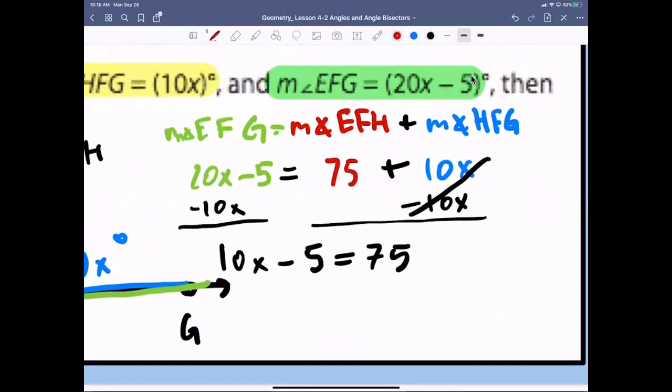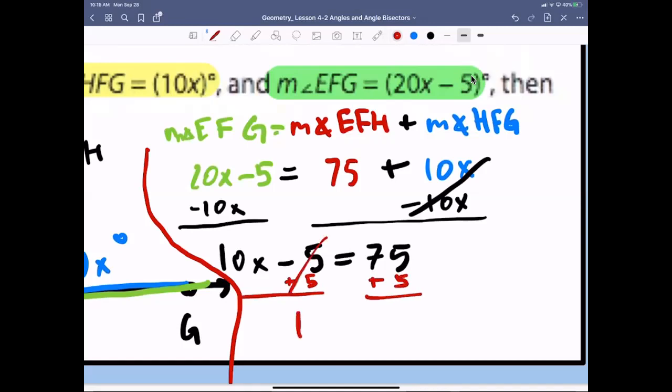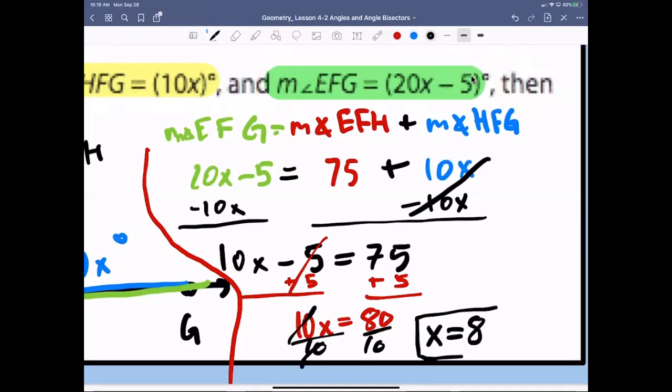To get x by itself, you're gonna do plus 5 first to both sides. This is gonna go away, and we're gonna get 10x is equal to 80. And then our last step, we're just gonna divide everything by 10, and we're gonna get x is equal to 8. But I don't think we're done.